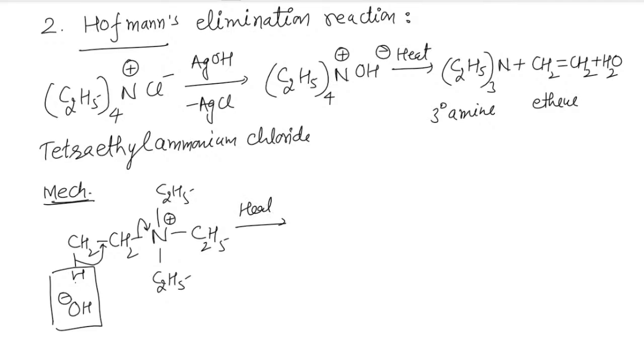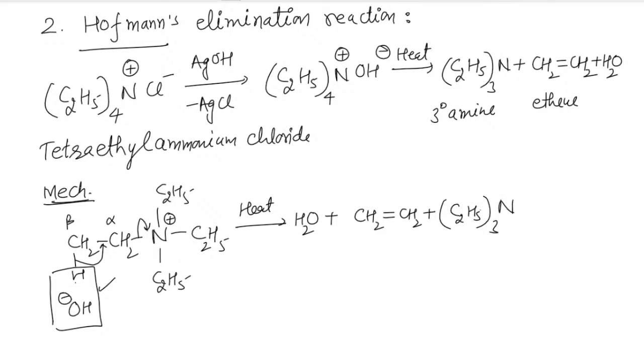So on heating, H and OH will give water. This is the alpha carbon and this one is beta, so it is one type of beta elimination. We get CH2 double bond CH2 and the last one is C2H5 thrice N.